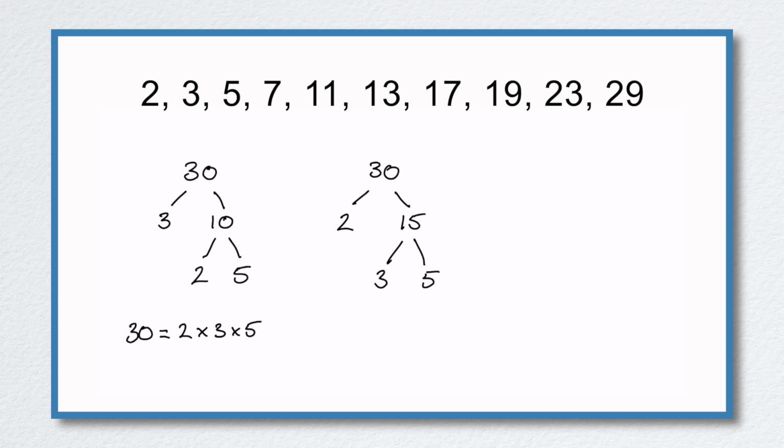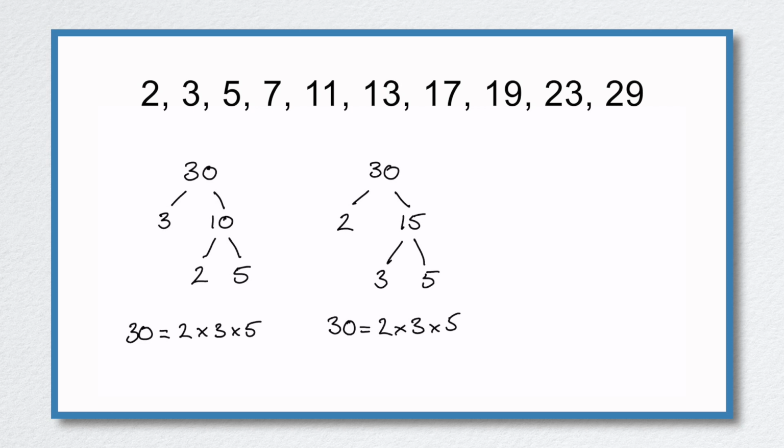And that's it. We now have our 3 prime factors: 2, 3, and 5. Notice that despite doing this differently, it still has produced the same answer.